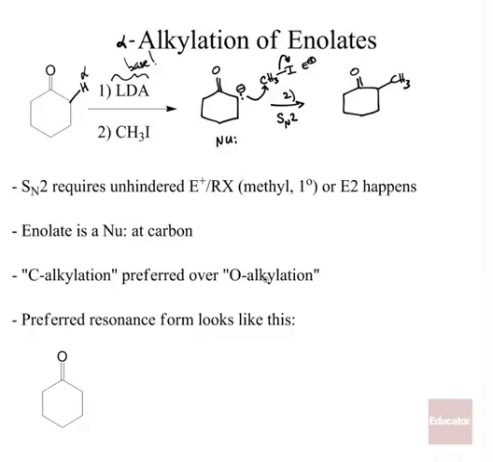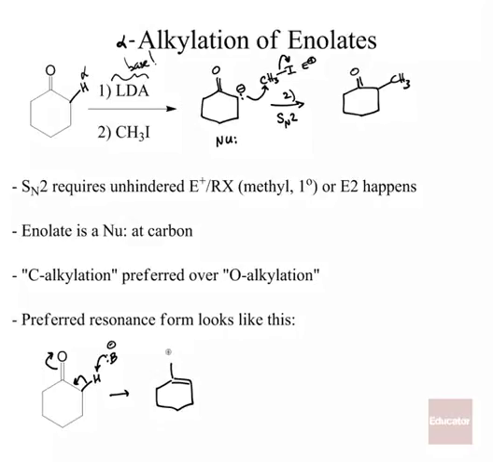And this is important to point out because remember the enolate has two resonance forms. And it doesn't matter which resonance form you draw, you should still be getting the same product. Okay, so let's take a look at the mechanism using the better resonance form, the preferred resonance form. So what we'll do is we'll have our base come in, our LDA come in and deprotonate, but instead of putting the negative charge on this carbon, the more appropriate place to put that negative charge is on the oxygen.